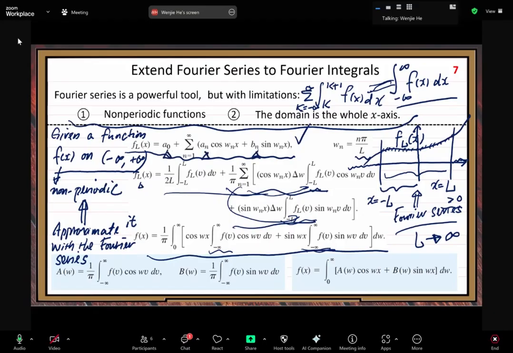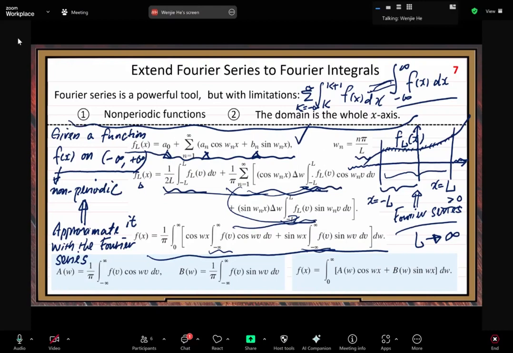We have the formulas, so we just apply them here. Apply the A0 formula, so we get the first term. Then we apply the other formulas, the AN formula.